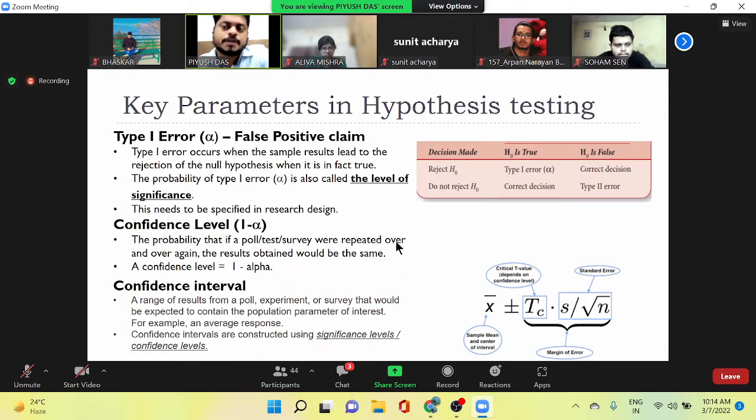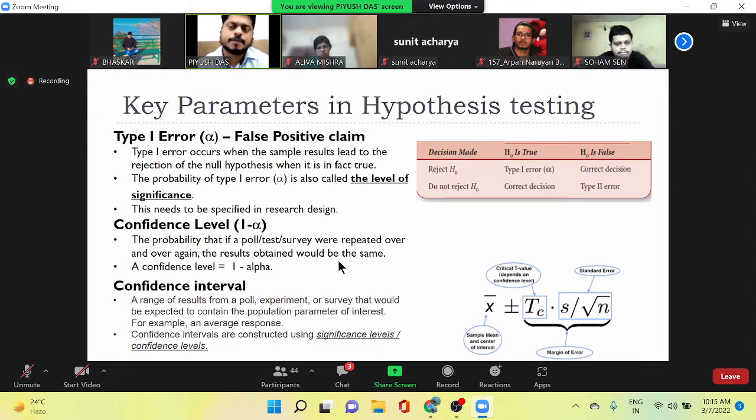So what does it mean? There is a 5% chance that I might be mistaken. I might say that okay, I'll get 60, but there is a 5% chance that I might get some other score. Same thing here. Type 1 error, that is the situation where, when I'm collecting data, there might be certain issues with the data collection or the data itself is corrupted.